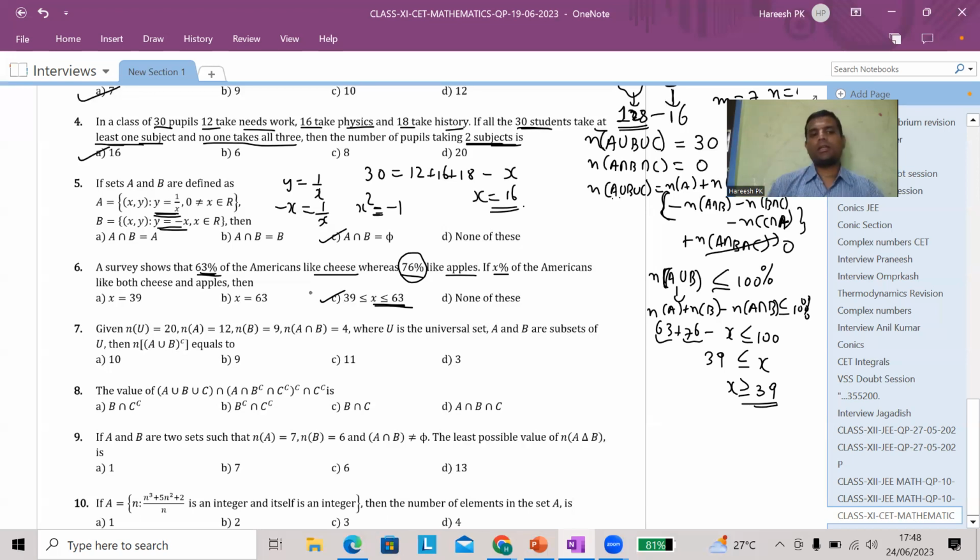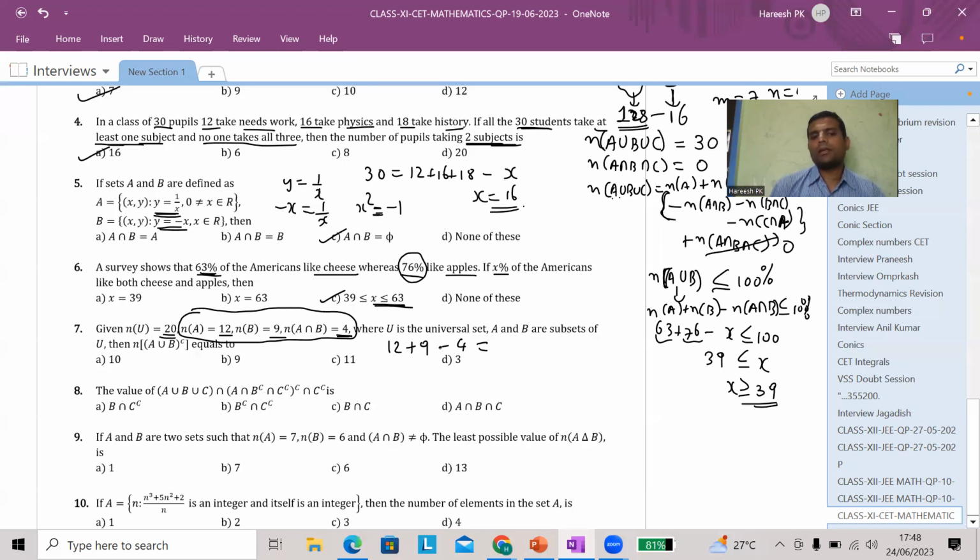The seventh question, again a direct formula. They have given the universal set. They have given A, B, A intersection B. So from these three, first find out what is A union B. A union B is N of A, which is 12, plus N of B, which is 9, minus A intersection B, which is 4.